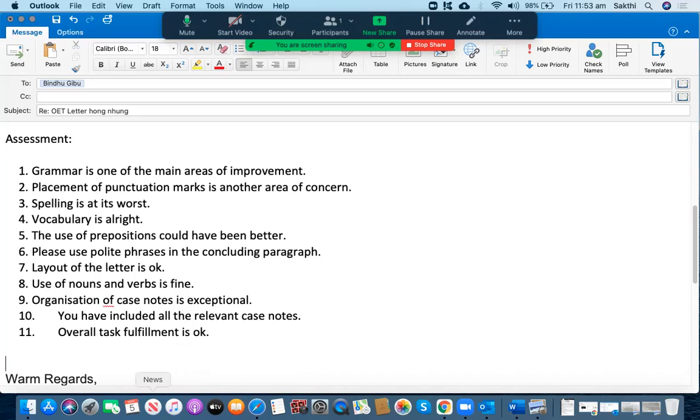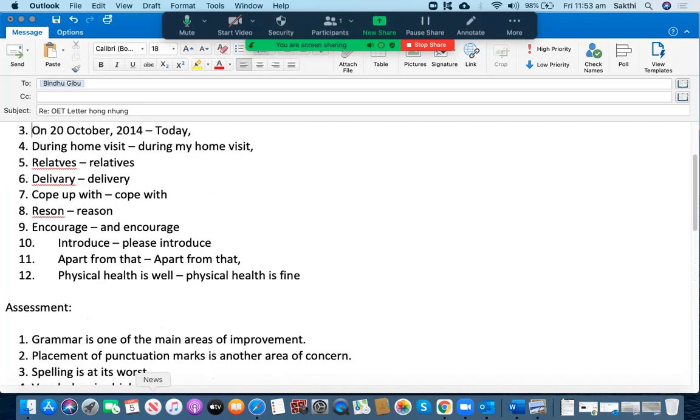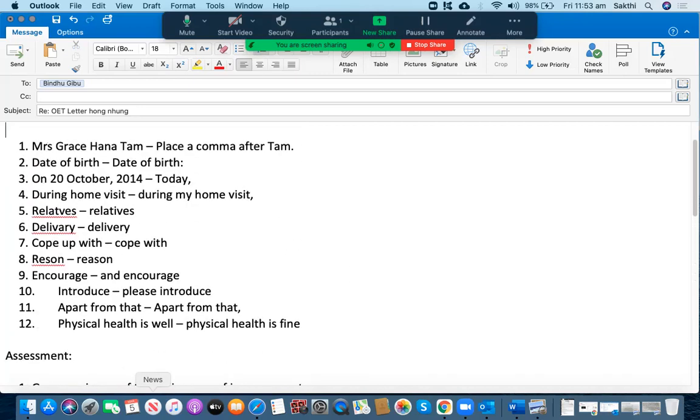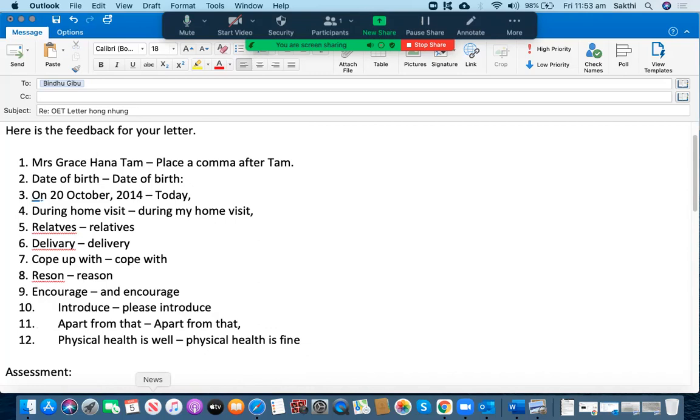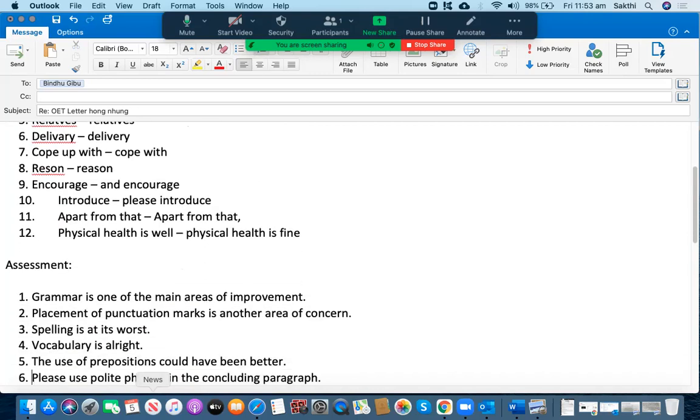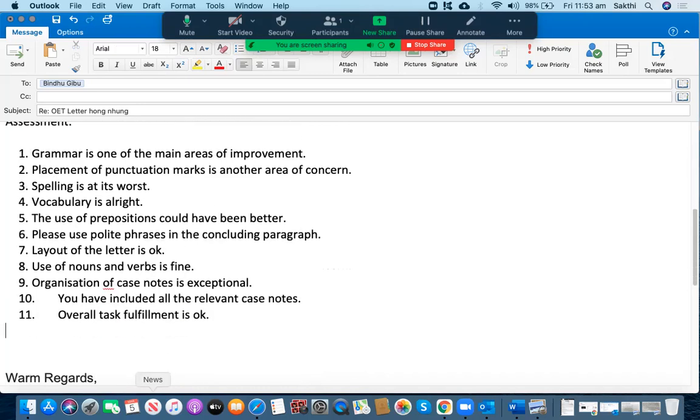Some of the main areas you have to focus on are your spelling mistakes and the way you use punctuation marks. So these two are the major ones. You also have to use time references instead of writing down the dates again and again, and try to use some polite words. Okay, these are the main areas for you to improve.